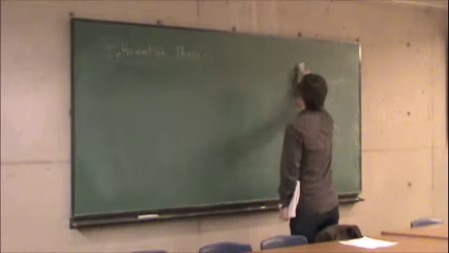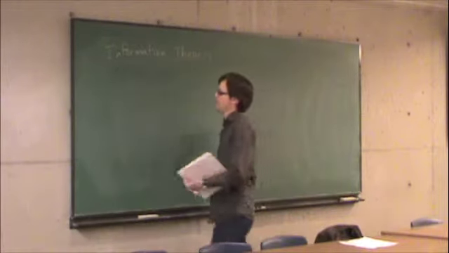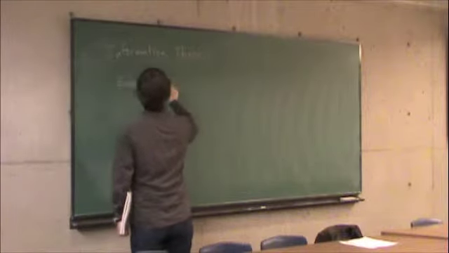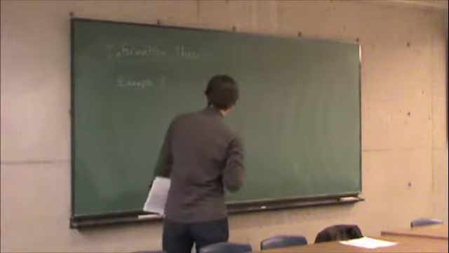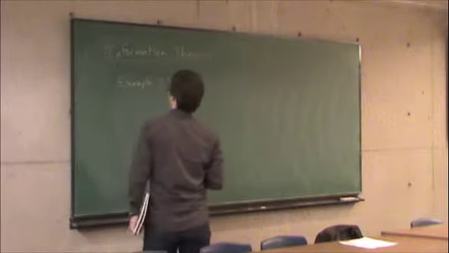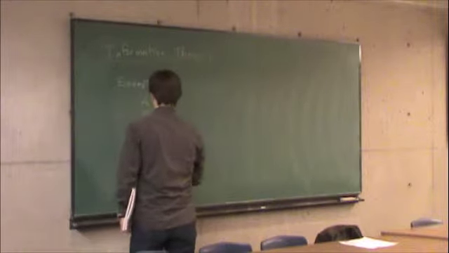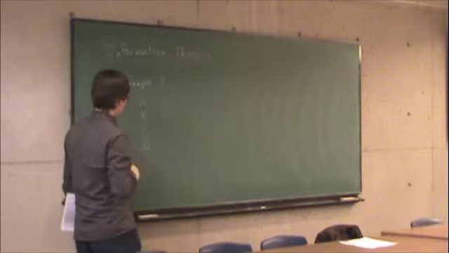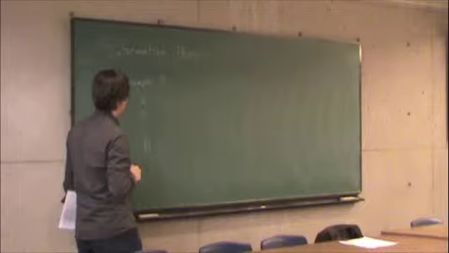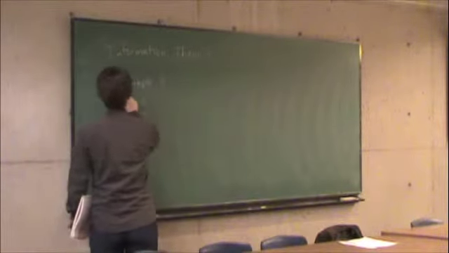Here's another example. So what I'm going to do is say, in this course, people will get an A, B, C, or D. And you all seem like smart people, so let's say the probability of getting an A is 1/2.